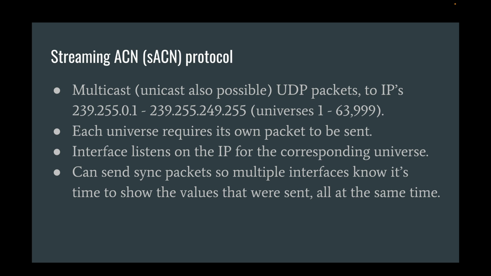So that can adjust for minor bits of latency. I doubt that that's really a huge issue. I don't know for sure because I don't do this professionally, but I would have to think at 40 times per second, it would be pretty rare to see any significant changes between different interfaces and when they receive things.